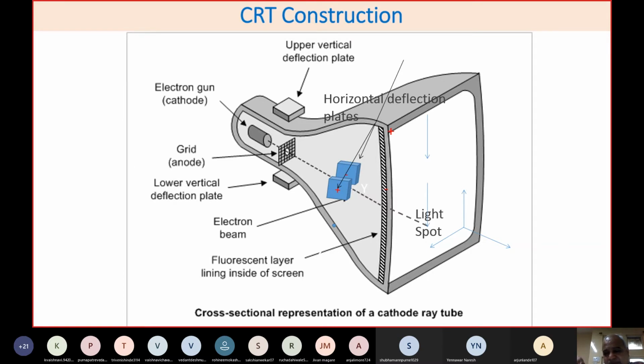Similarly, you also need to take that beam downwards, and that is effectively done by your vertical deflection plates. When it scans almost half the number of lines, it reaches from top to bottom. Then once one field is finished, automatically the odd field or even field starts based on your synchronizing impulses.